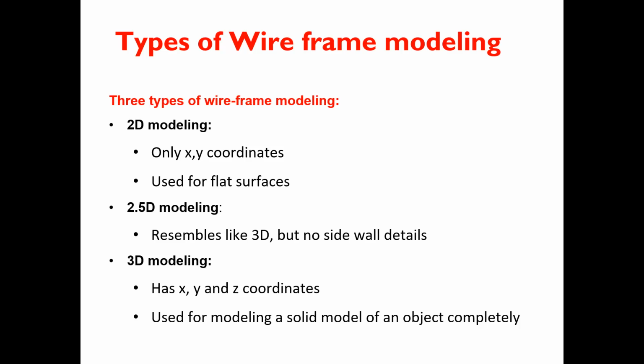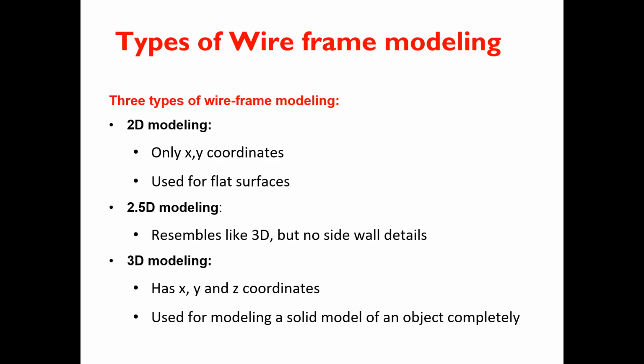In 2.5D modeling, it represents orthographic projections. It resembles three-dimensional models, but it will not have side wall details. So the details will not be as much as in 3D. It is something in between two-dimensional modeling and three-dimensional modeling. That is why it is called 2.5D.